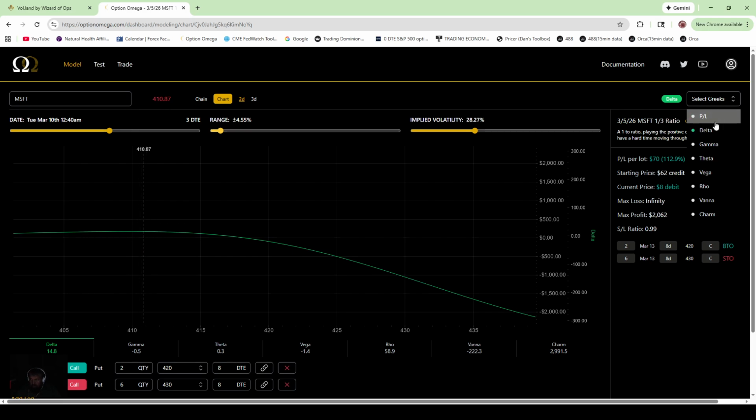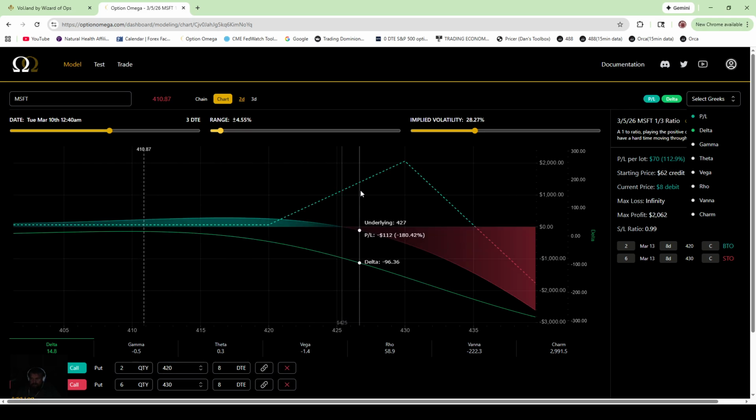It's going to be running into this little profit tent up here, depending on where we are in price, of course. So by Tuesday, our break even is going to be all the way up at 425.